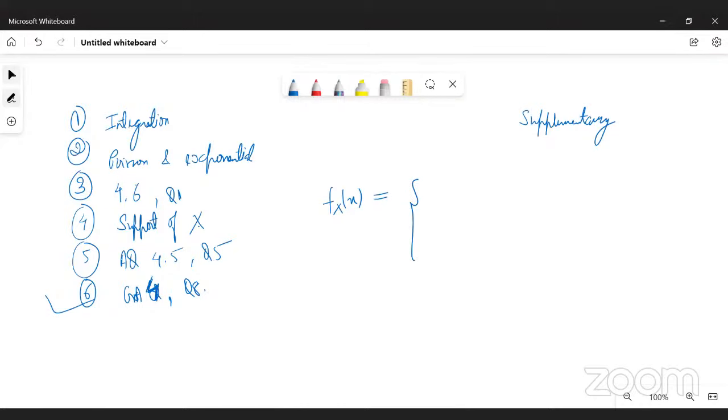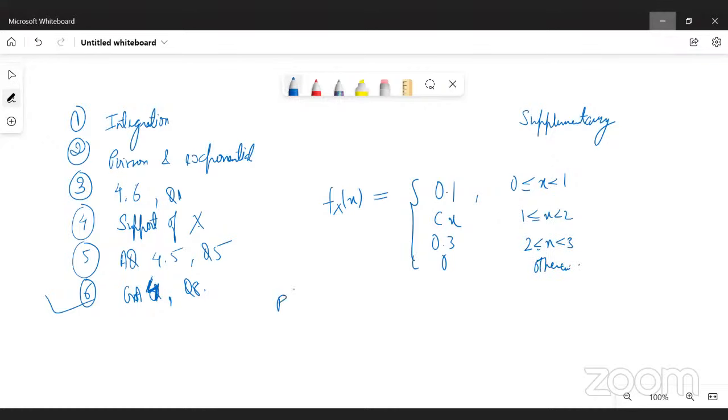I will write it here. So 0.1, cx, 0.3, 0 otherwise. This is for x lying between 0 to 1, 1 to 2, 2 to 3. Otherwise, it is 0.